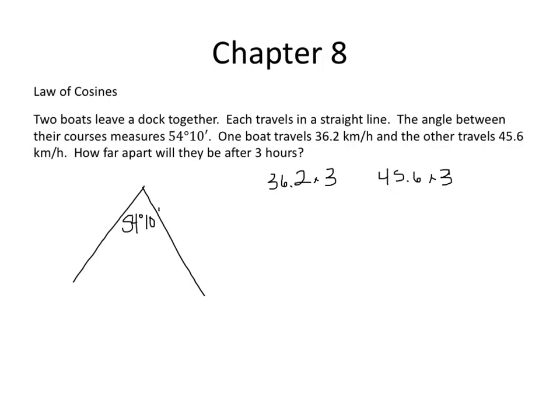That means that the first boat has traveled 108.6, and the second boat has traveled 136.8, and we need to know the distance between them. Well, that's a side angle side. That means we get to use law of cosines.